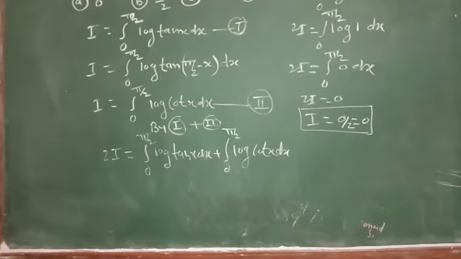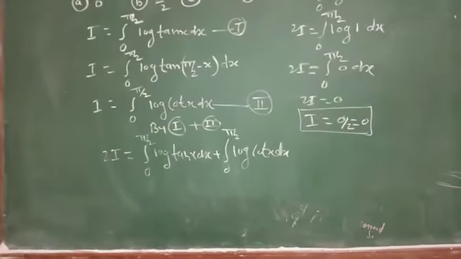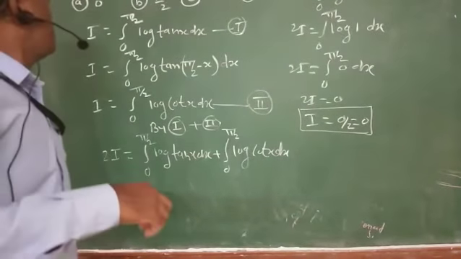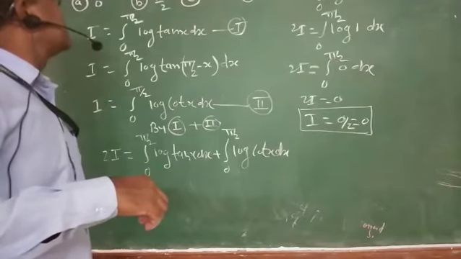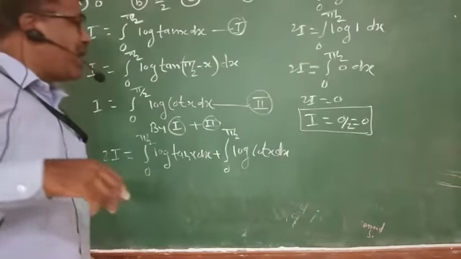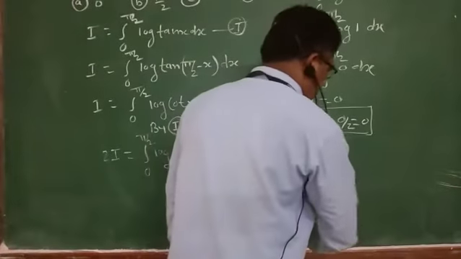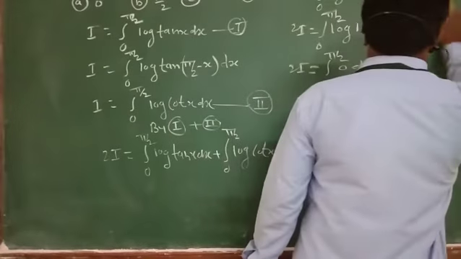See and write in your notebook: example number first, integration 0 to pi by 2 log of tan x dx equal to 0, that is the answer of the given question.